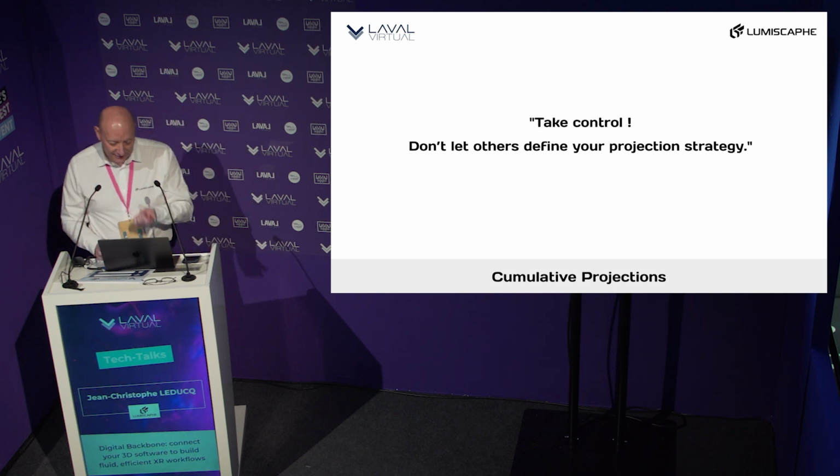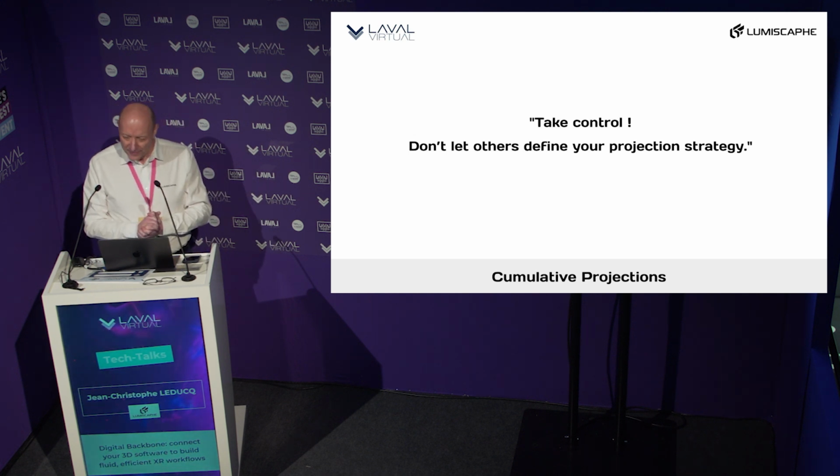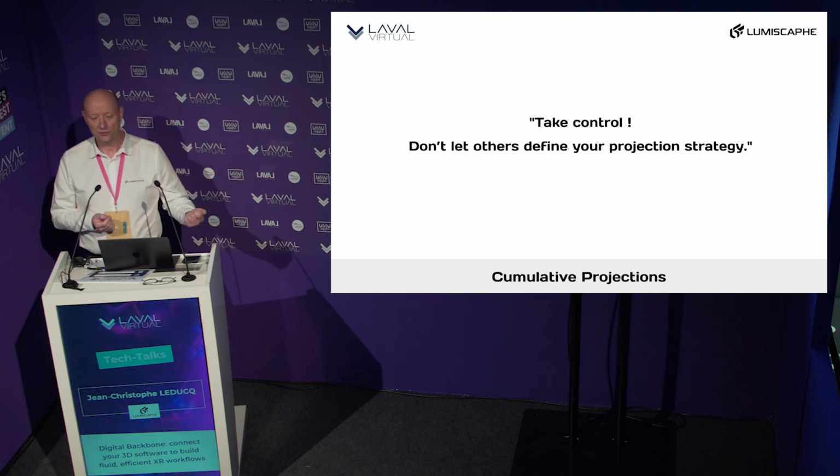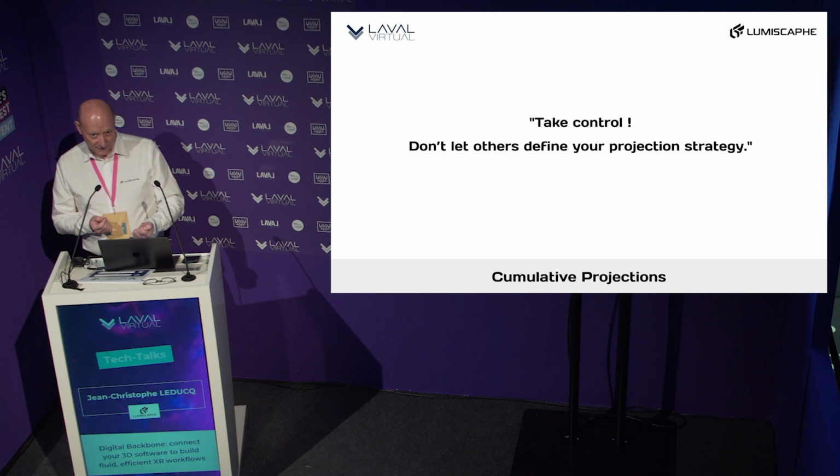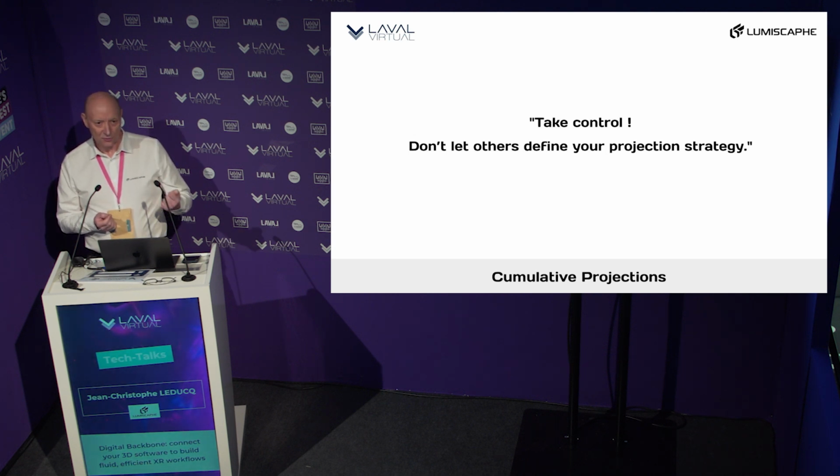So the idea behind that is perhaps it's a good thing to take control over projection and not let other people, other companies, do that for you. When you are using the exporter from CATIA to USD, that's not your code. That's not your projection. That's the projection of the software editor.